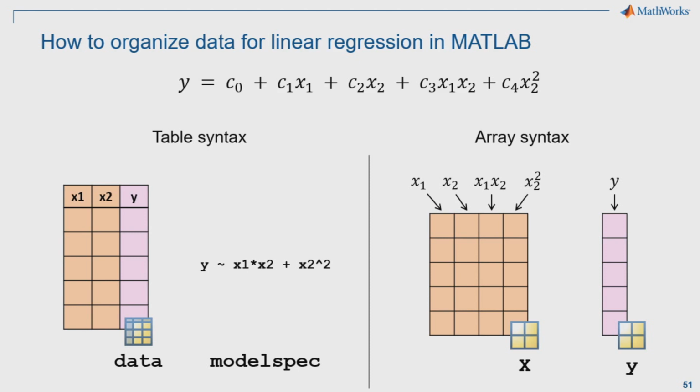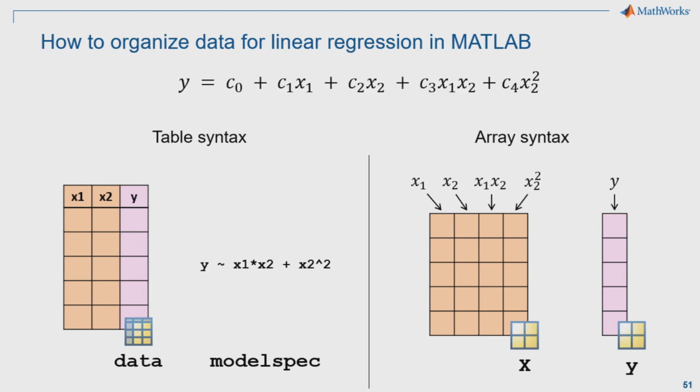Otherwise, you can use an array syntax which encodes both the things together, because instead of using just the matrix of the predictors, you should use a matrix in which the columns contain all the predictors used in the model. So they are not just the features, but they are also the combination of features that you want to be present inside the model.